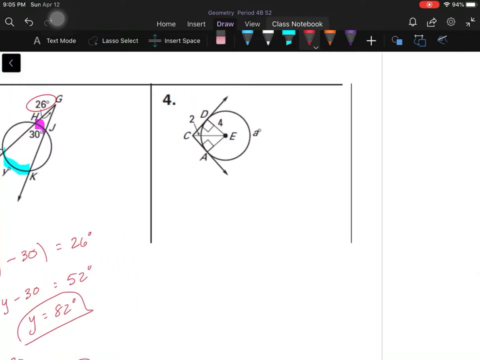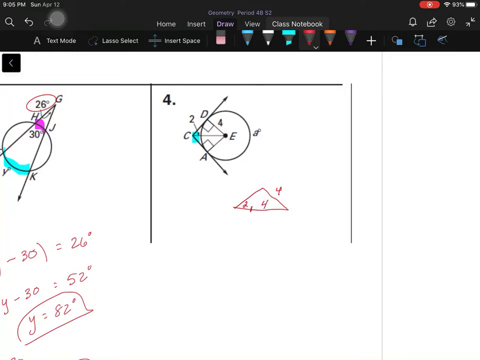Okay, last question here. DE is 4, so this is similar to the other one. DE is 4, they're telling us that this little piece in here is 2. So if I go through and redraw that triangle, I know this is 4. I know this little chunk is 2.